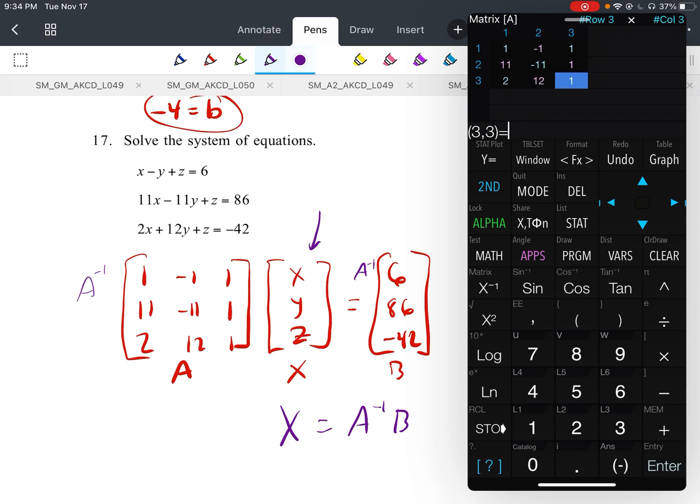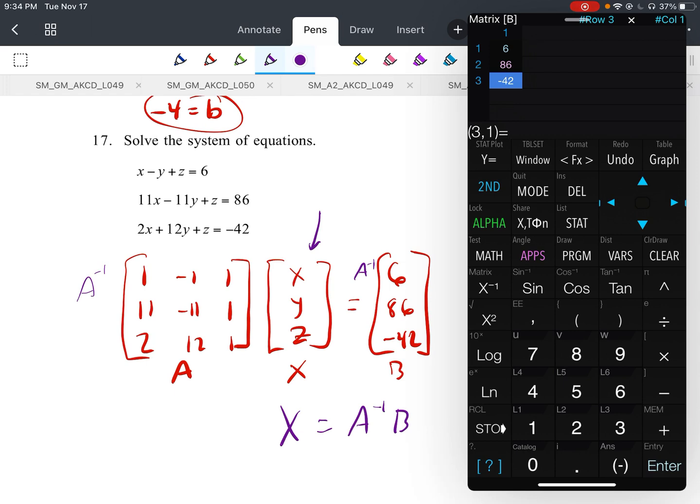Okay, so everything's in there, and now we got to go to matrix, edit. Now we'll edit B, and we'll make the dimensions 3 rows, 1 column, and this is 6, enter, 86, enter, -42, enter.